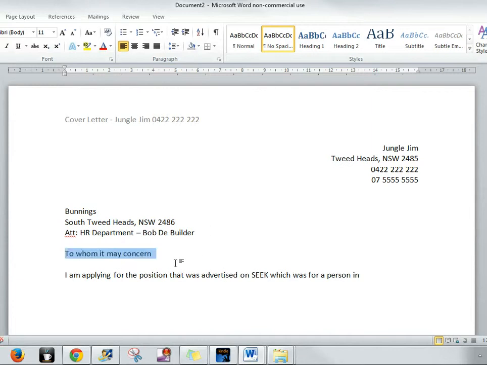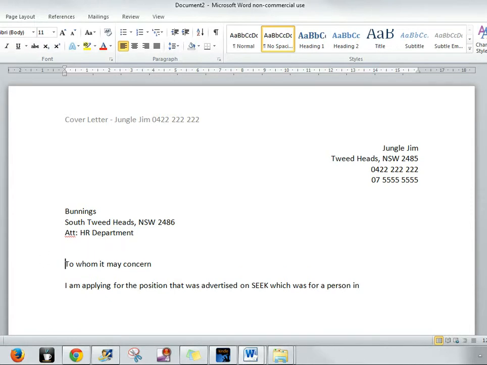However, because we don't know who the person is and because it's a large HR department, what we need to do next is put down to whom it may concern, or you can put down simple things such as dear sir or madam, or dear madam or sir. Okay, so keeping things really polite and extremely formal. However, we're going to just stick with to whom it may concern.